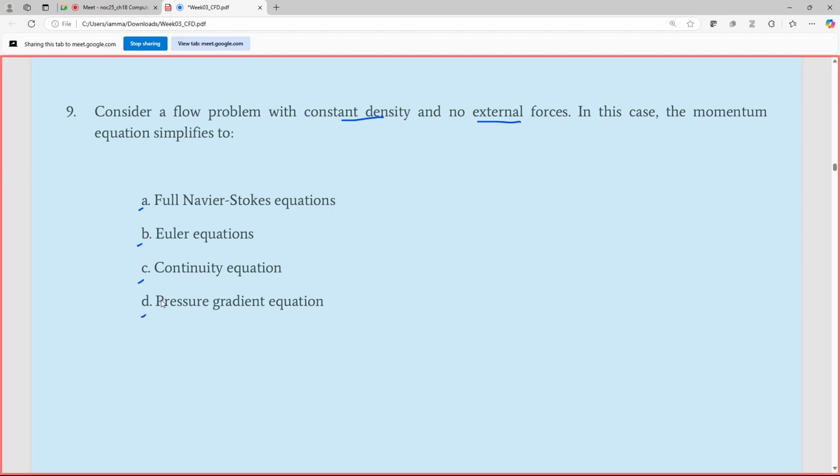Option D, pressure gradient equation. So the question is, if there is no variation in density and no external forces are acting on the flow problem, then which of the following equations can represent that flow physics? Try to inbox your answers.